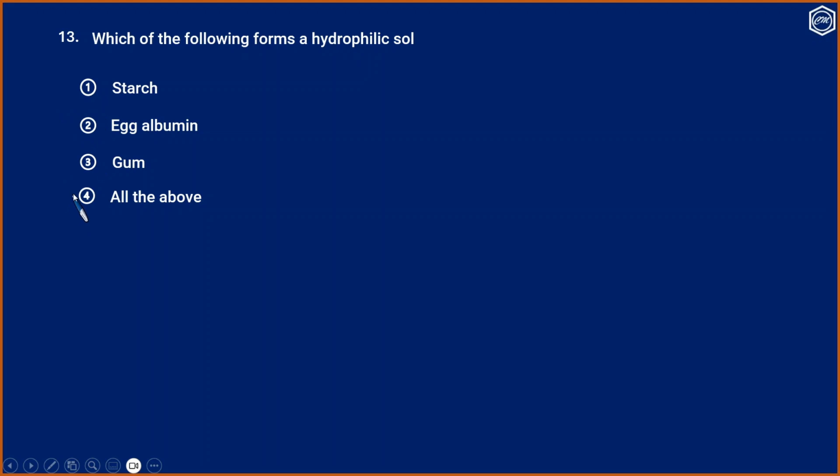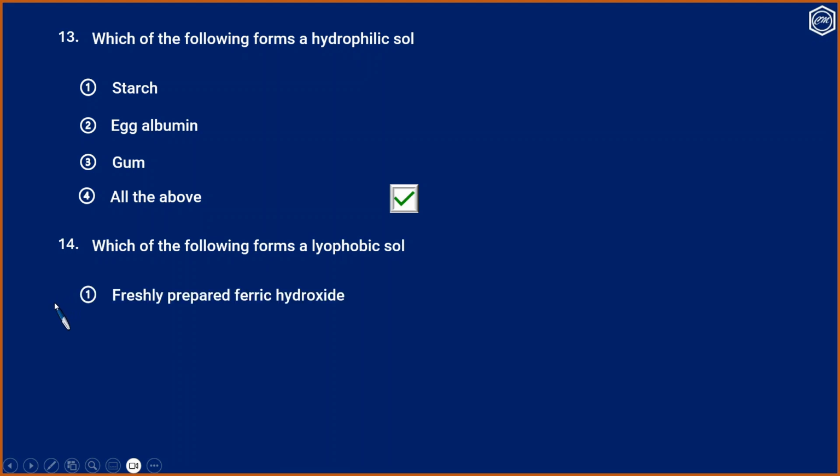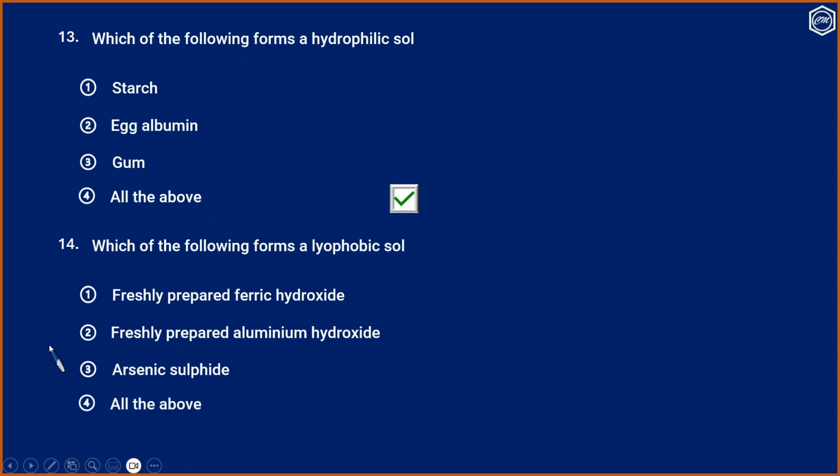So the correct answer is all the above. Question number 14. Which of the following forms a lyophobic sol? 1, freshly prepared ferric hydroxide; 2, freshly prepared aluminum hydroxide; 3, arsenic sulphide; 4, all the above. Lyophobic means solvent hating, and all these three are lyophobic. So the correct answer should be all the above.